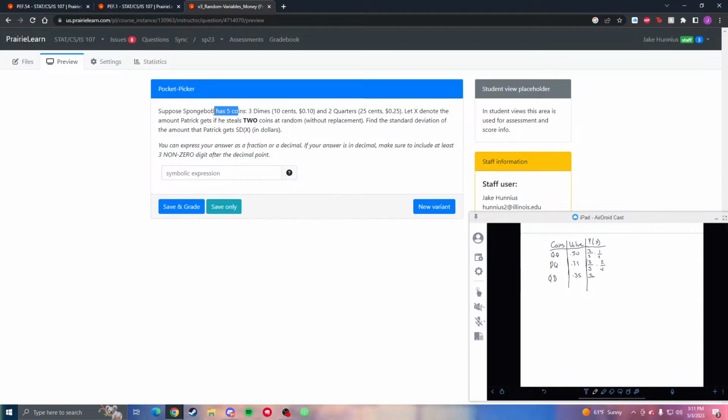That's 2 out of 5 times 3 out of 4. And then there's 2 dimes. Has a value of 20 cents. 3 out of 5 times 2 out of 4 again. Does that make sense how I got all of those numbers right there?